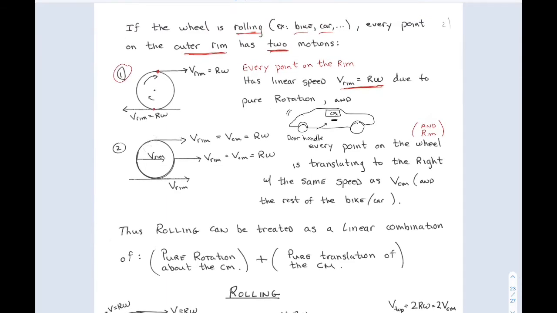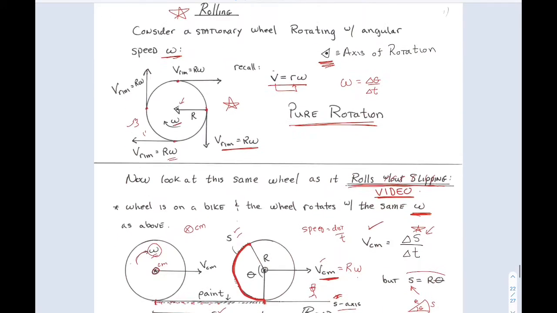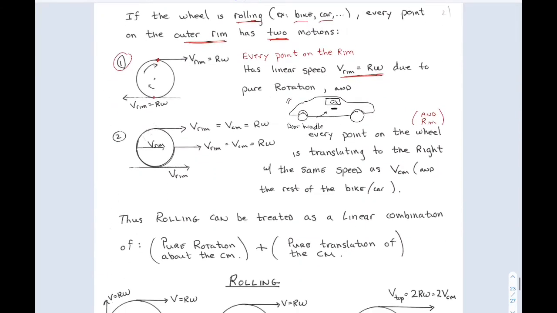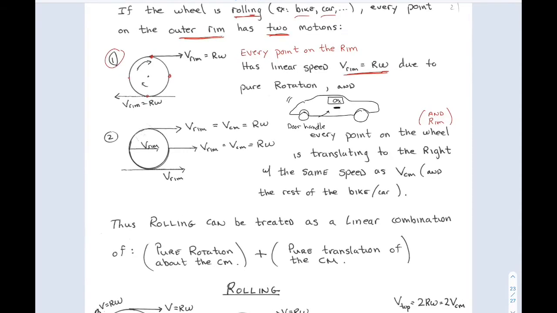So I drew that here. This is the same picture as that one. I didn't draw it over here and here, so I'm just drawing it at the top and bottom. I could have drawn it anywhere, but I just drew it at the top and bottom. Every point on the rim has linear speed r omega because it's purely rotating. But the wheel is attached to the car, which is headed down the road.